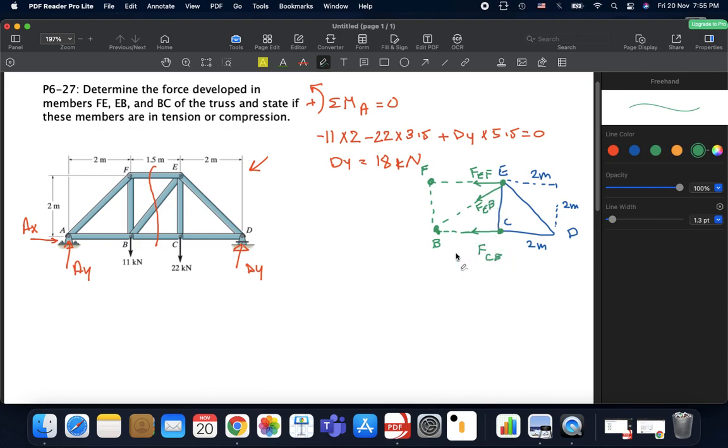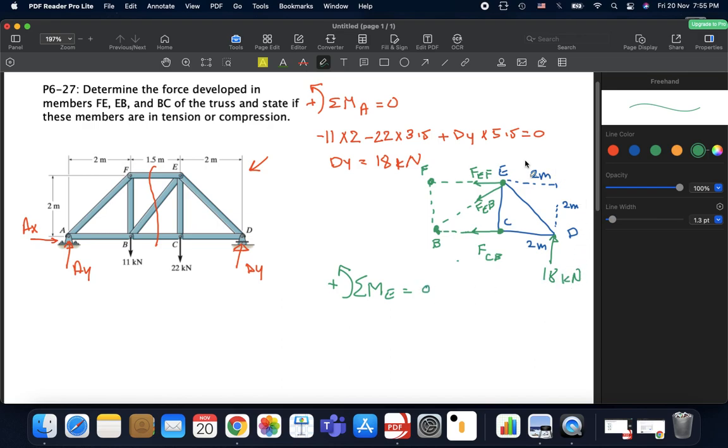Sorry, I forgot to draw this force here, the reactionary force, right? This is dy, which was 18 kilonewtons going in the positive y direction. That's it. So now take this direction positive, summation of moment around point E equals 0.